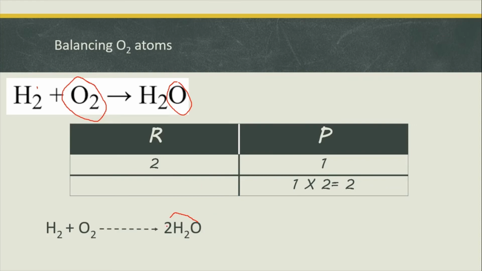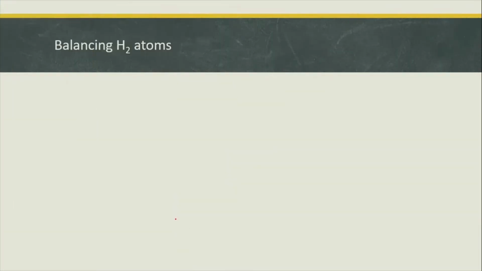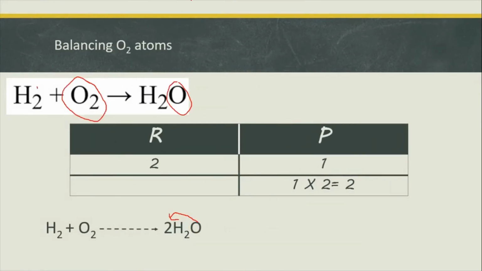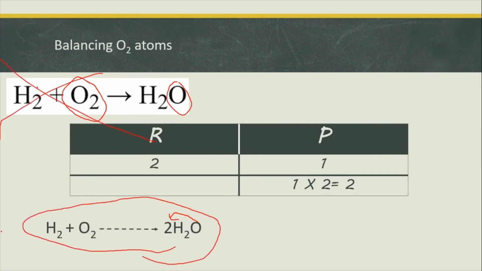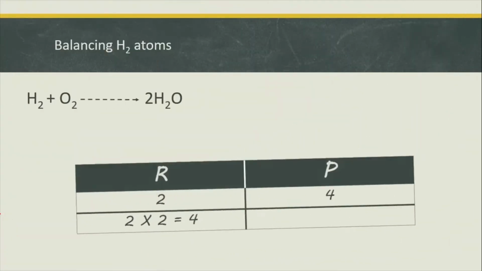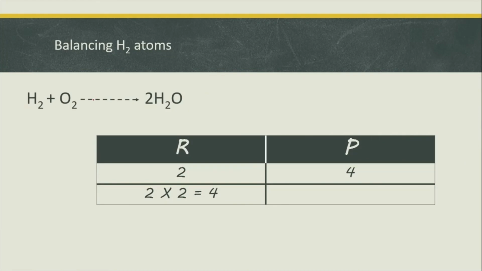So O2 will be considered here, and now H2 atoms. You'll be like, why do you have to balance the hydrogen atoms? Because we're going to take this equation, not that. In that equation, it's not balanced. See, on the reactant side, 2 atoms, and on the product side, 2 atoms.